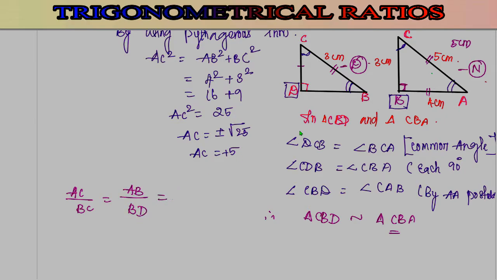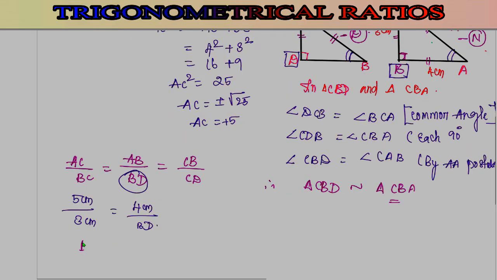The third side we have CB in the numerator, CB divided by CD. So I have written the common ratios. Now we have to substitute the values. Here we have AC value is 5 centimeter, BC value is 3 centimeter, AB value is 4 centimeter, and here BD we need to find. I am going to take these two ratios to find BD.